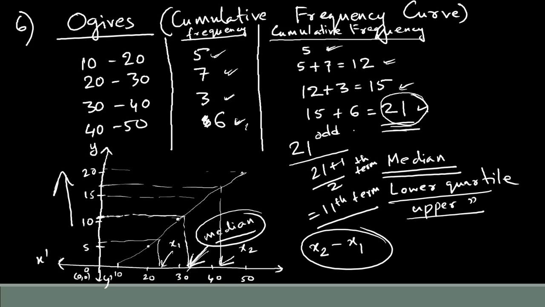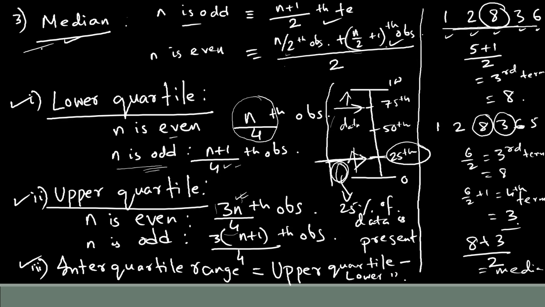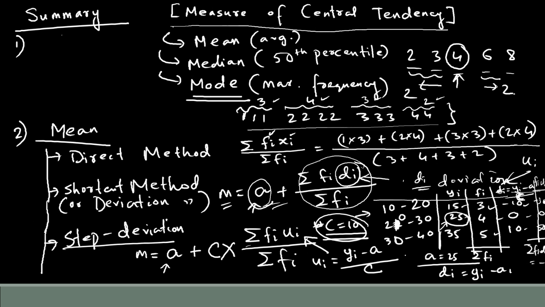But right now I want to give you a brief summary of what is expected of you for problem solving, okay? In your ICSE boards, these are the topics they expect you to know: ogives, cumulative frequency curves, estimation of mode from histogram, what is a mode, what are medians, and in median what is lower quartile, upper quartile, interquartile, and what is mean.